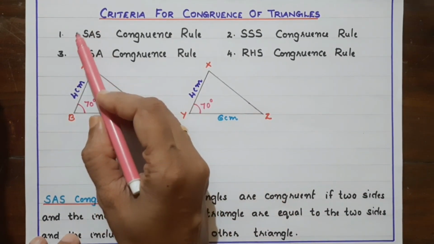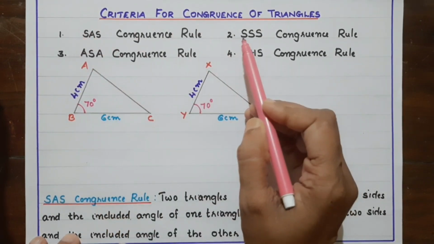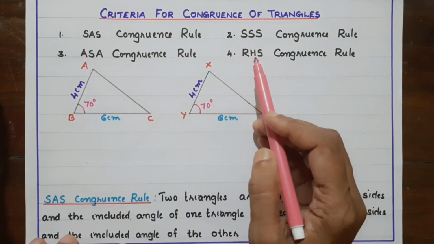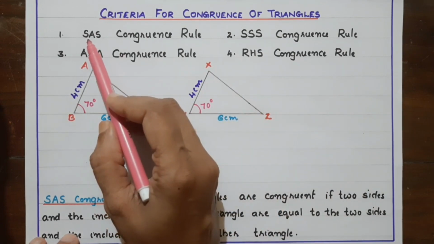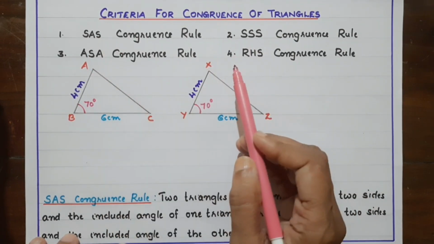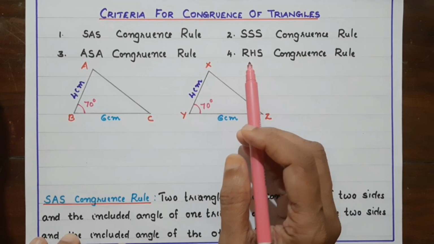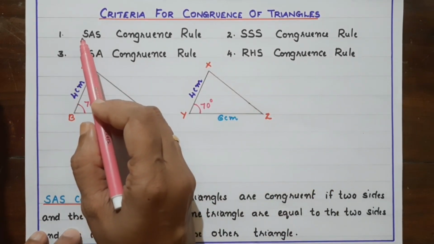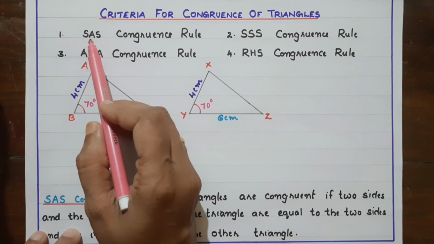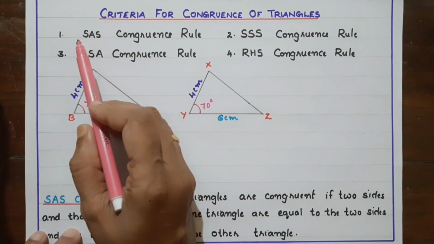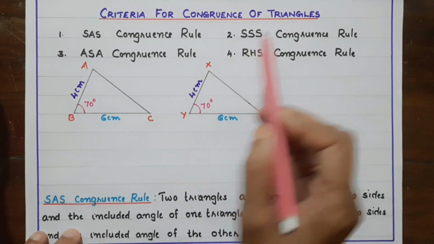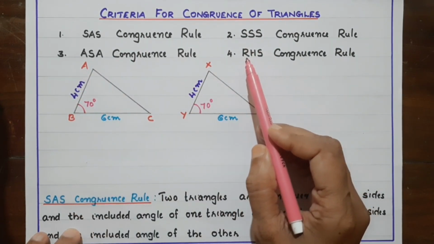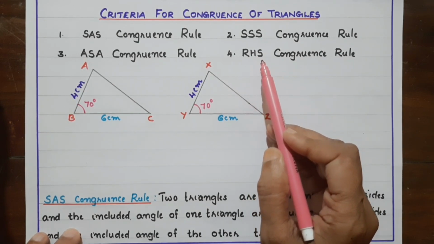You may have seen these SAS, SSS, ASA and RHS in 8th standard. You have used these terms in construction of triangles in 8th or 7th standard, isn't it? So S stands for side, A stands for angle. So SAS, here 3 sides, here angle, side, angle, then right angle, hypotenuse and side.